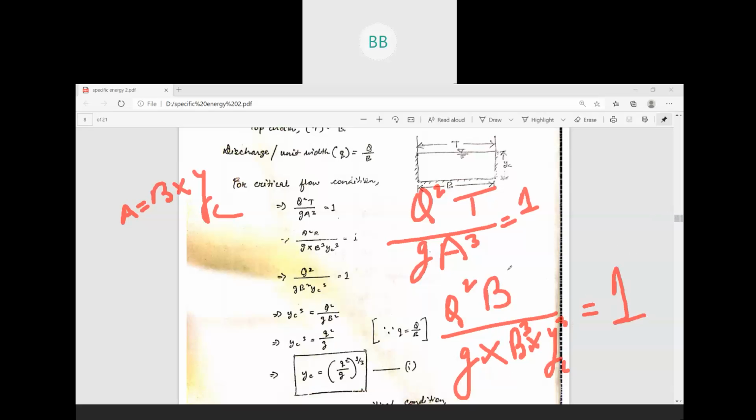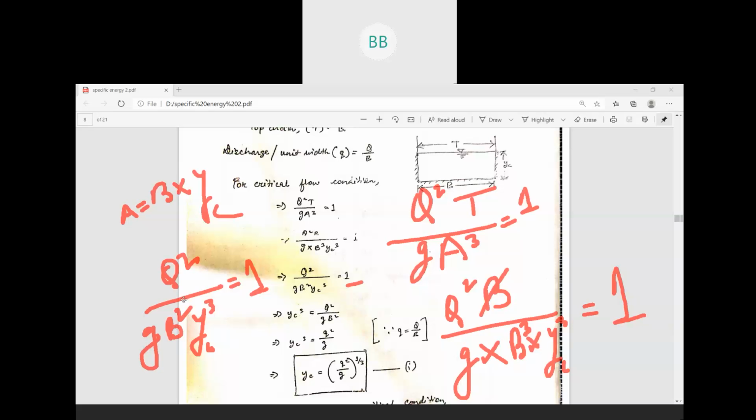If you see this, one B will be cancelled out, so what will be left is Q square divided by g B square, and then YC cube, is equal to 1. As we are going to find an expression for the critical depth, we keep YC on the left hand side and all the other terms on the right hand side.